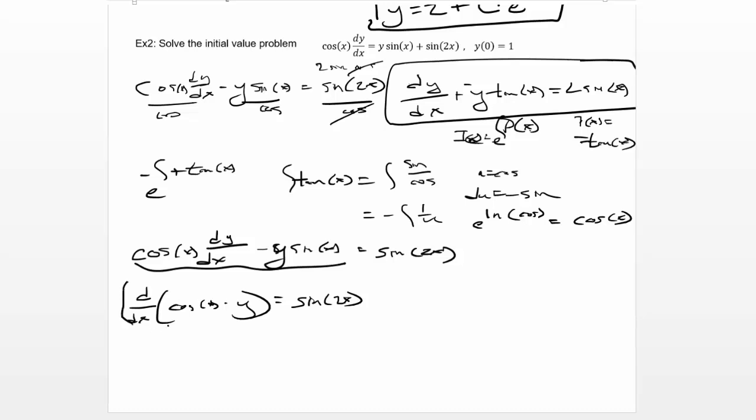Integrate both sides to undo this derivative operator. We get cosine x times y equals, let's see, the antiderivative of sine 2x is minus cosine of 2x over 2, plus a constant of integration.